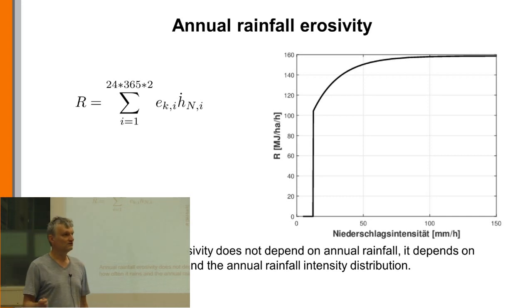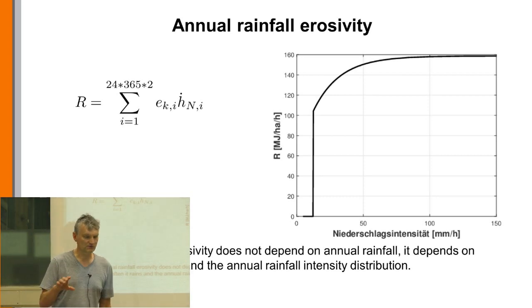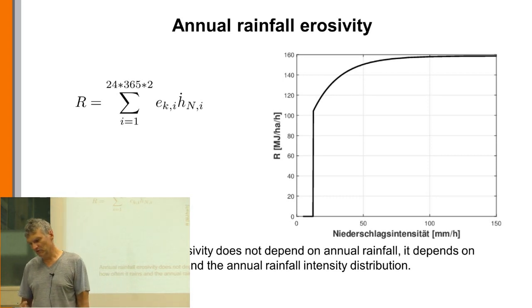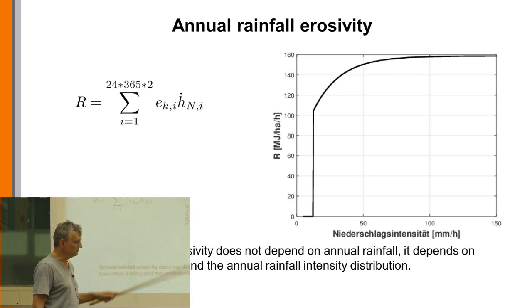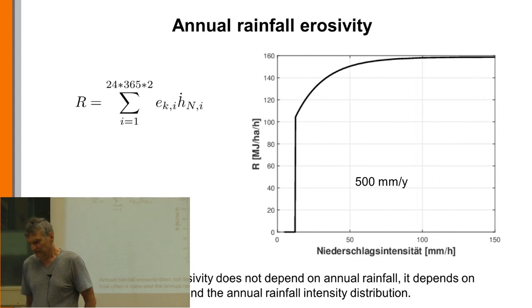So the rainfall erosivity is not directly coupled to the annual rainfall itself. It is coupled in a complex way to how the rainfall comes to Earth. Are there a lot of small events, or are there some large events? In that way I would like to do this simulation or this calculation, and then you can see what your annual rainfall erosivity is.